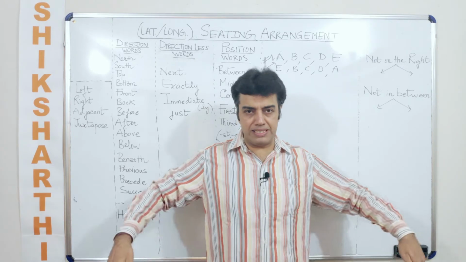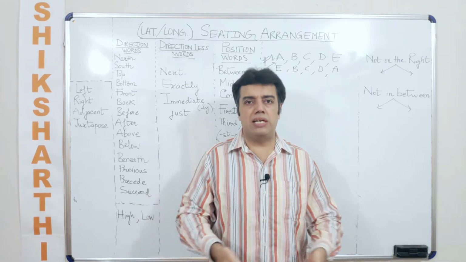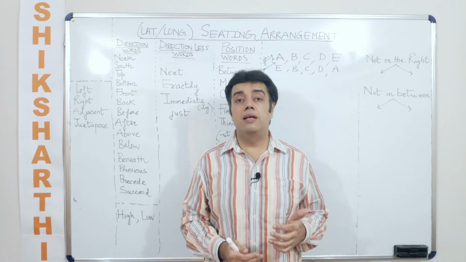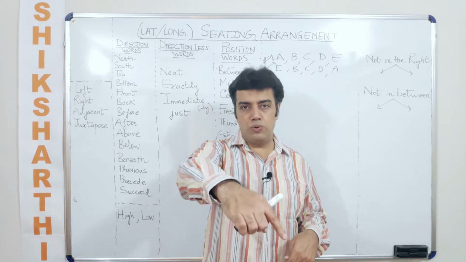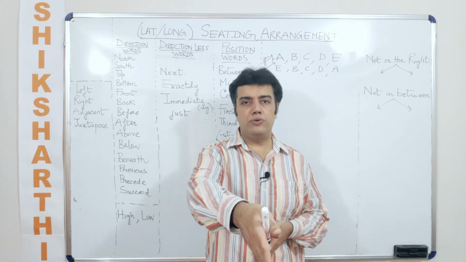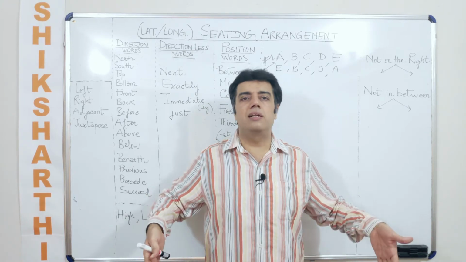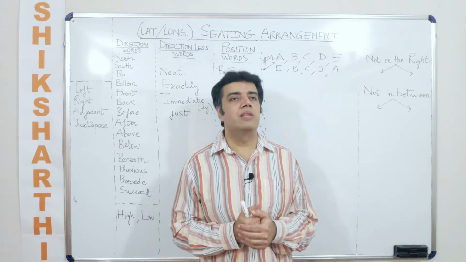One is they can be seated laterally, which is, let us say, horizontally, and the other way is longitudinally. When I say longitudinally, I am basically referring to a linear way of arranging. So whether it is longitudinal or lateral, I am basically referring to a line.